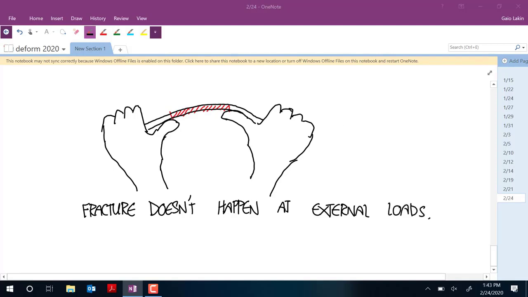And so the question is, is there some way to use forces to measure where this thing is likely to break?